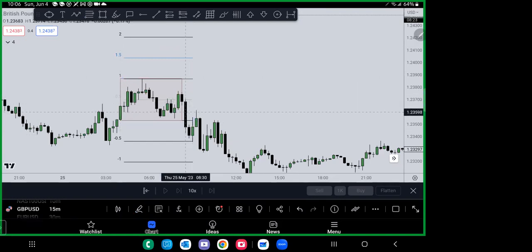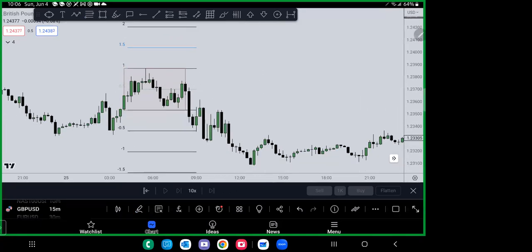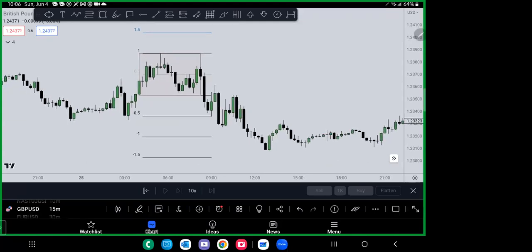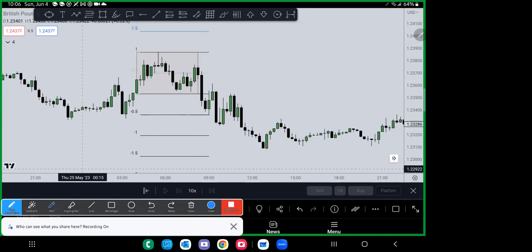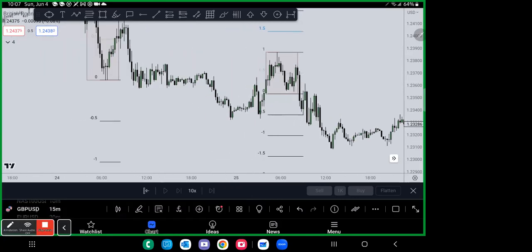I'm not going to say that it shouldn't deliver beyond equilibrium, but we would want to see it come at least to here and then redistribute back lower. All right. And of course, you're still going to apply your PD arrays and things of that sort. If we look here, this is a dealing range. 1, 2, 3, and then we're out. Okay, let's go to NAS.